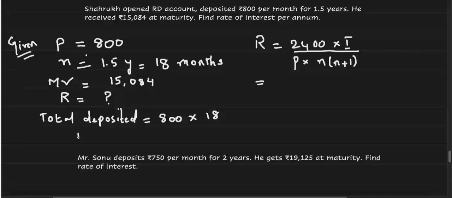And interest will be the maturity value minus the total deposit. If you multiply 18 into 8, you get 144, so the total deposit is 14,400.